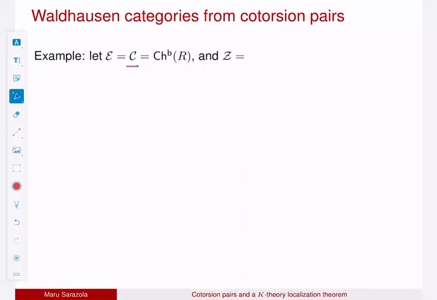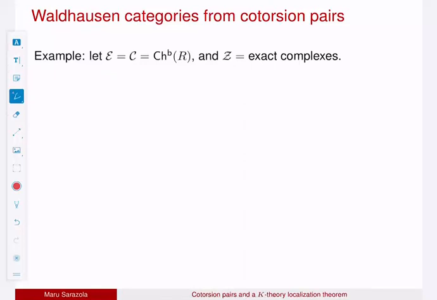And since C is the entire category already, it's going to be equal to E. And now we need to determine our class Z. Remember, these are going to be the things weakly equivalent to 0. But if we want to recover the usual Waldhausen structure on chain complexes, this one had quasi-isomorphisms as the weak equivalences. So Z has to be the chain complexes which are quasi-isomorphic to 0, in other words, the exact complexes.